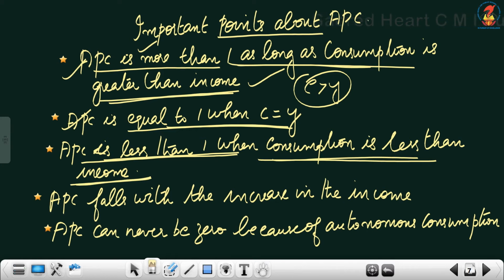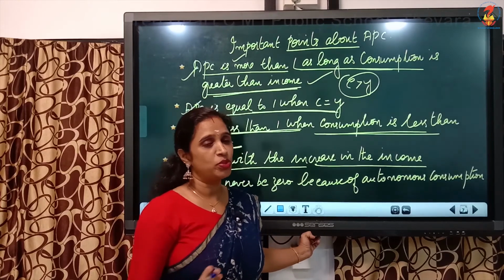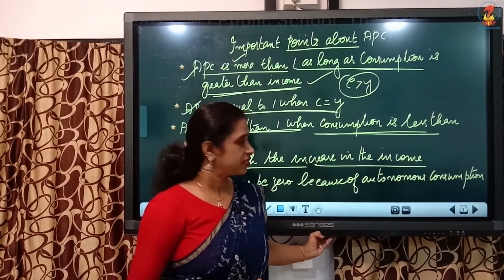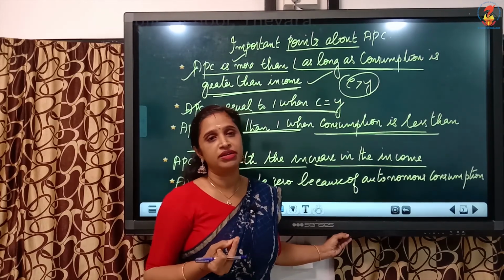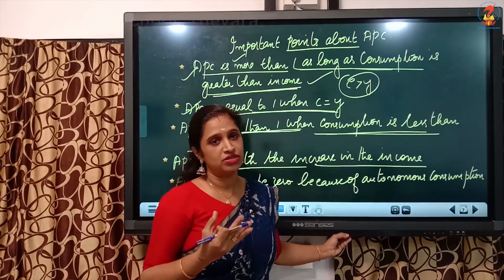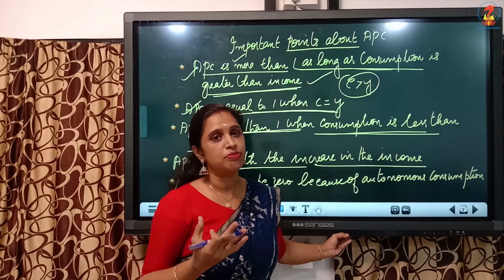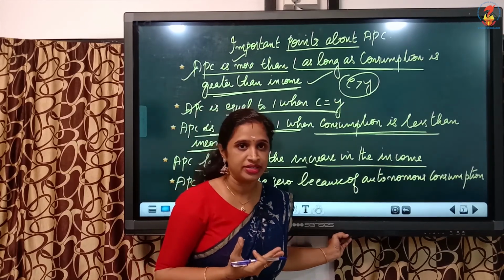Now we will move on to the next statement. APC falls with the increase in the income. Definitely, APC will fall with the increase in the income, because you know that when the income is 300, the consumption is, for example, 200, isn't it?